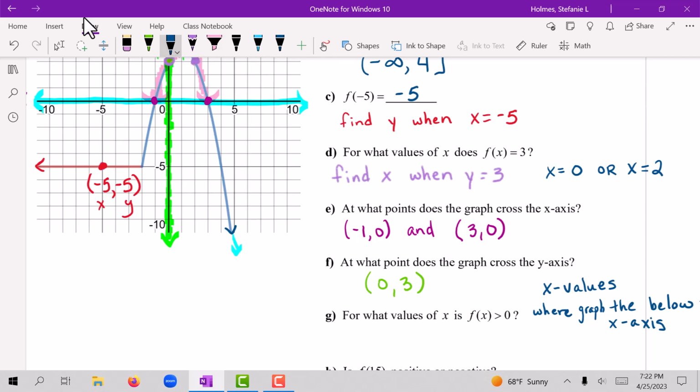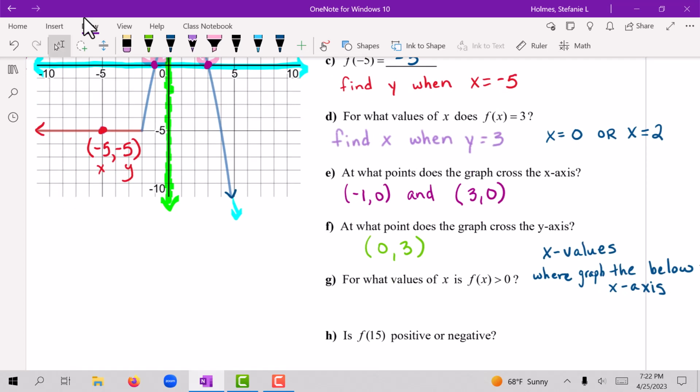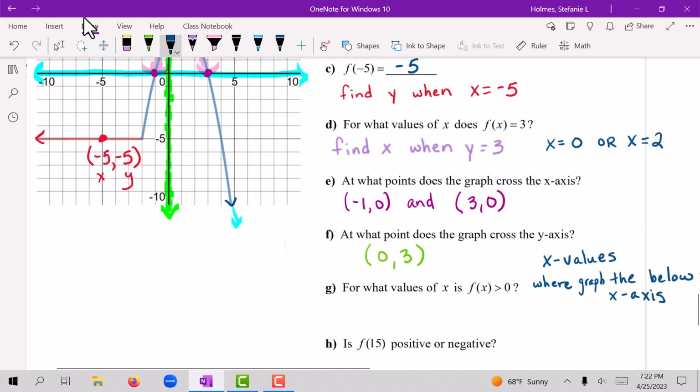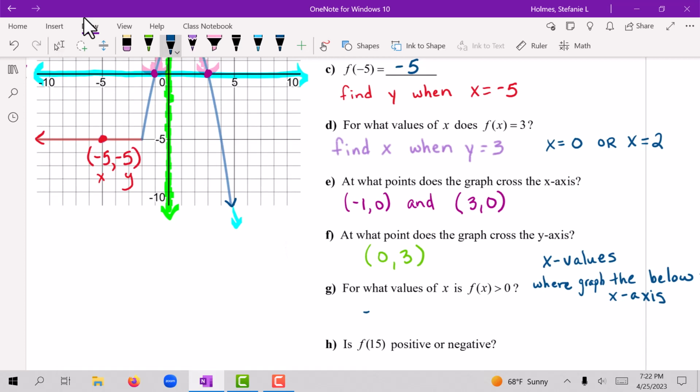Now, the thing is, we always give these in terms of x values. So the x value here on the left side is -1, and the x value on the right side is 3. And since we can't include the points on the axis, we have to use parentheses.